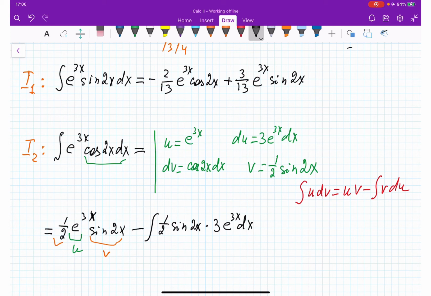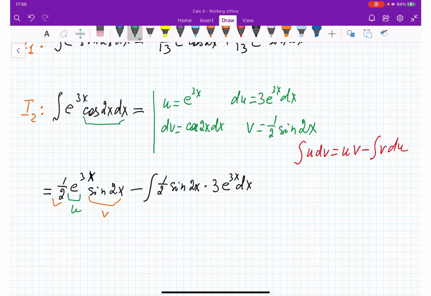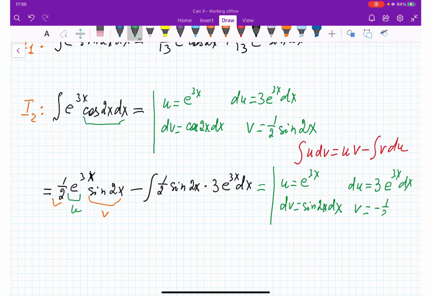We used v du. Okay, now next substitution we are doing here, u is equal e to power 3x and dv is equal sine 2x dx. And we get here du equal 3 e to power 3x dx, and v is equal negative 1/2 cosine 2x, right? Integral of sine is negative cosine.